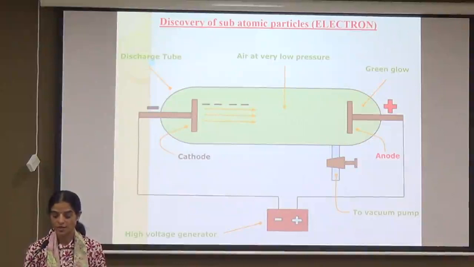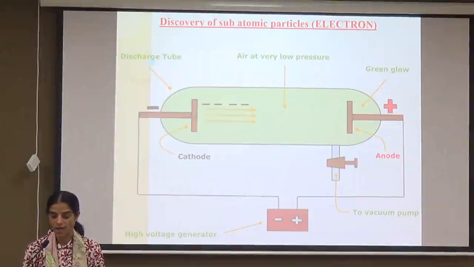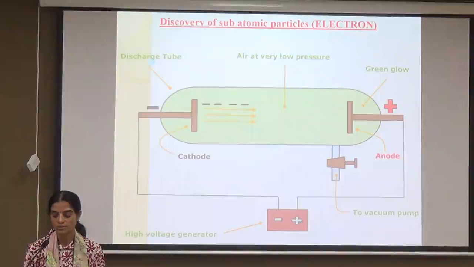We have filled the discharge tube with air at very low pressure, and when we apply high voltage of the order of 10,000 volt, we are able to see that a green glow is produced in this discharge tube. What we observe is that these are the rays which are traveling from cathode towards anode, and they are seen in the form of green glow, which actually led to the discovery of the rays.